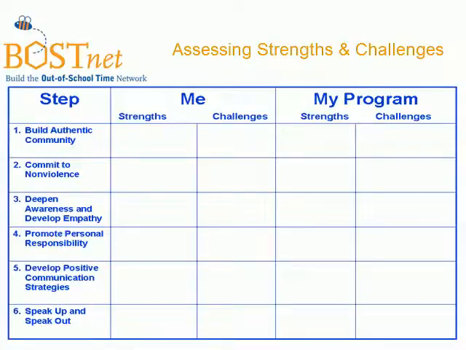Building authentic community has different stages or different components to it. Committing to nonviolence has different stages or different components. And then identify which elements of each of those different 6 key strategies are strengths for you and strengths for your program, and which ones are challenges for you and challenges for your program. And that can help you start building a plan for what to work on.